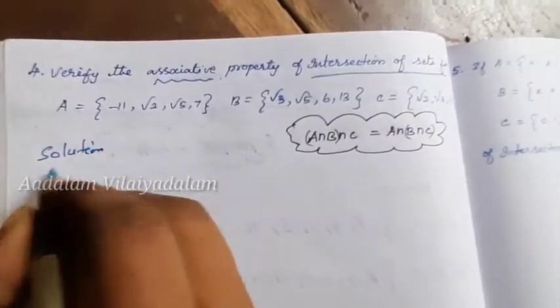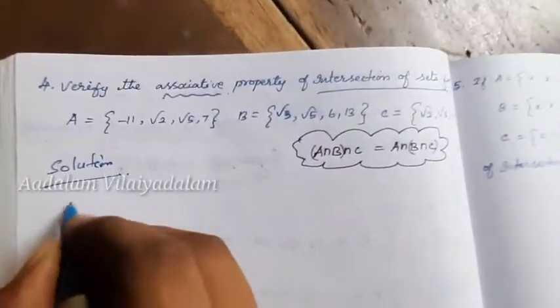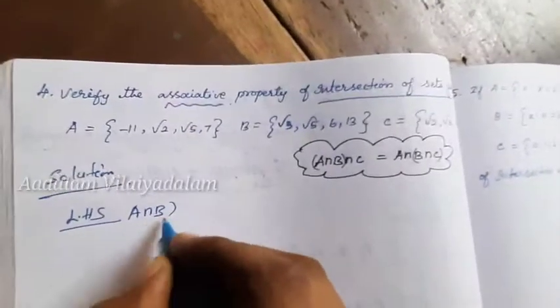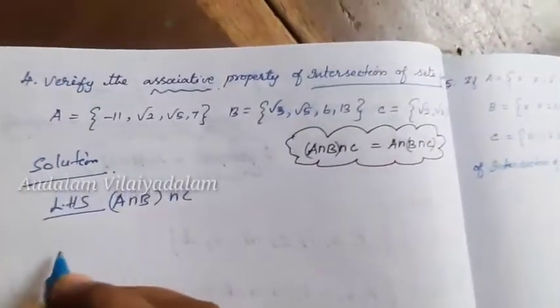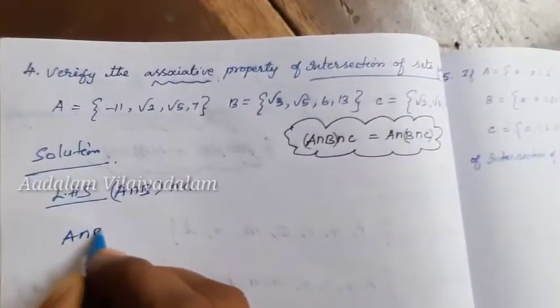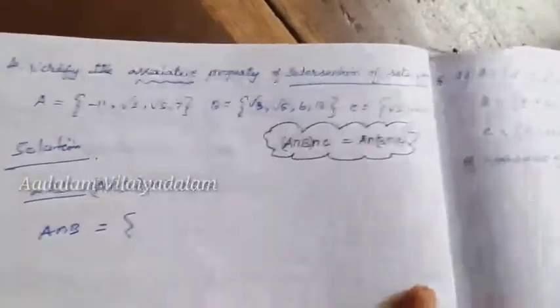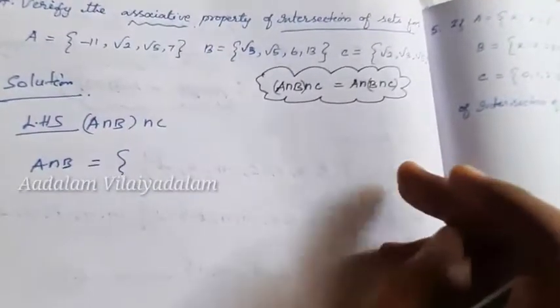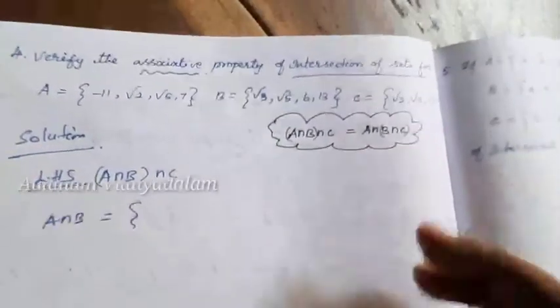Solution, that is, take our LHS A intersection B intersection C. So first we are going to find out A intersection B. So what is intersection? We are going to find the same elements, or in other words, common elements.